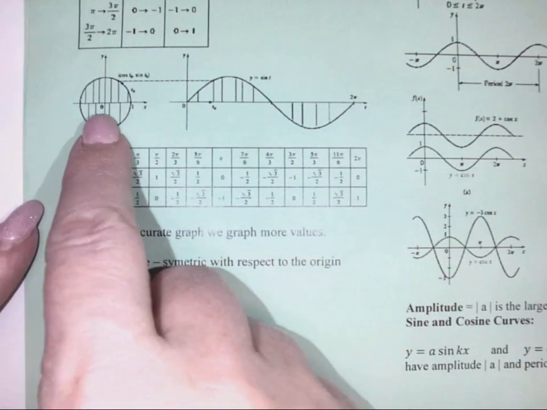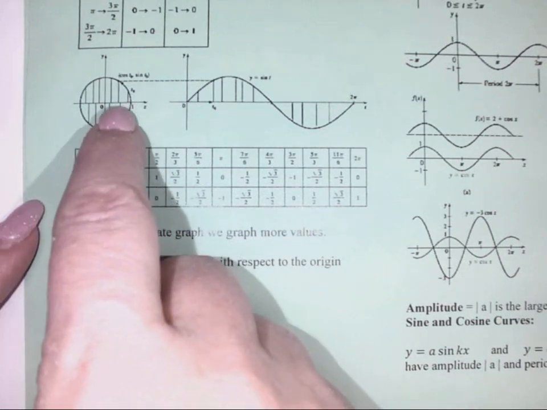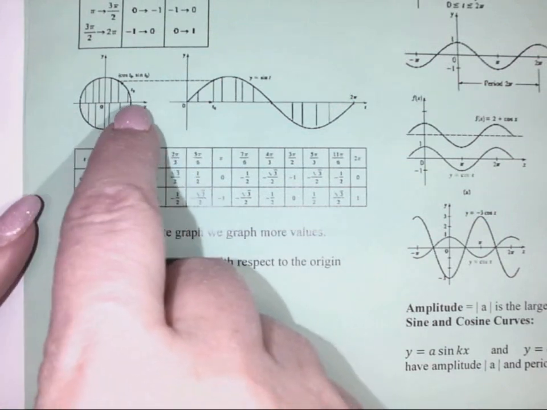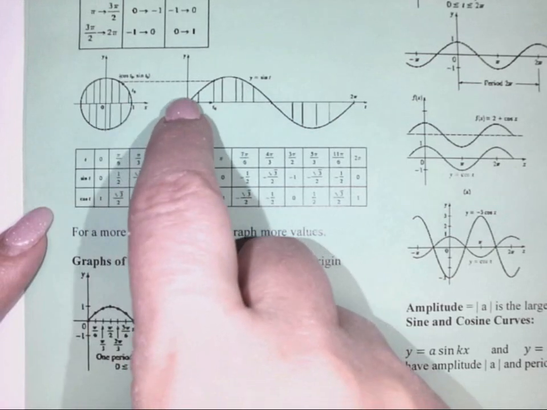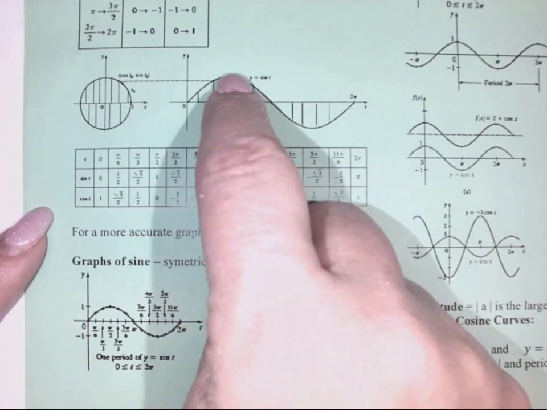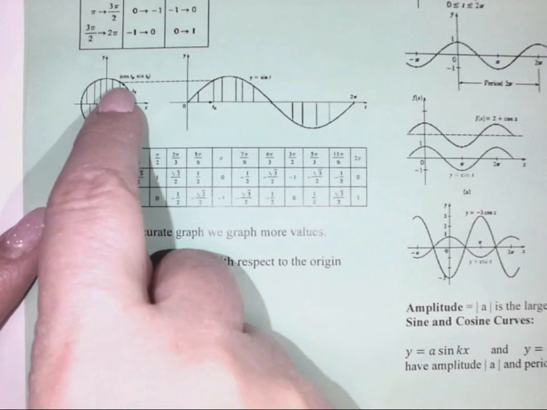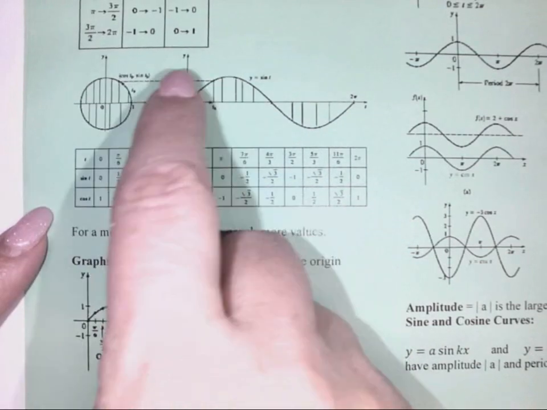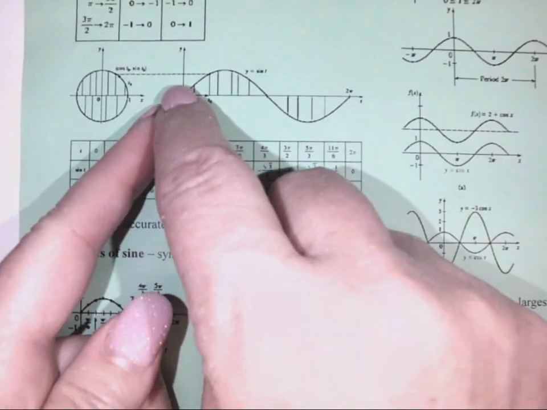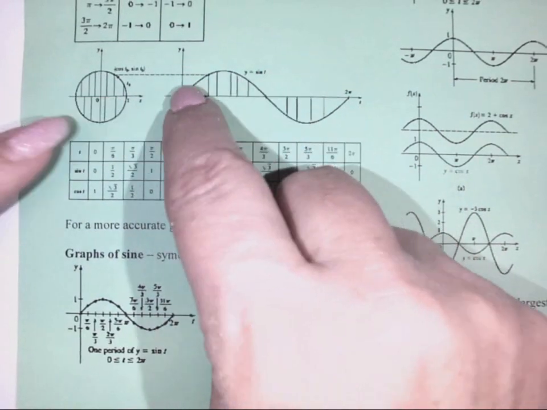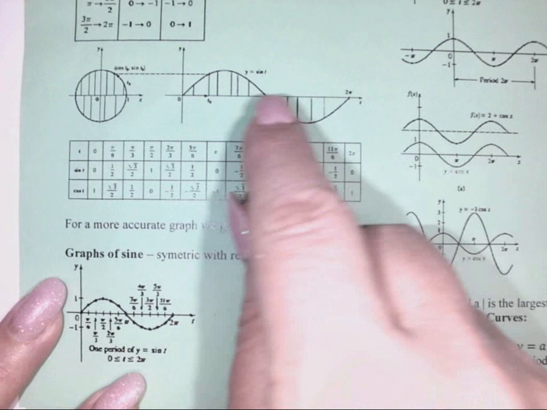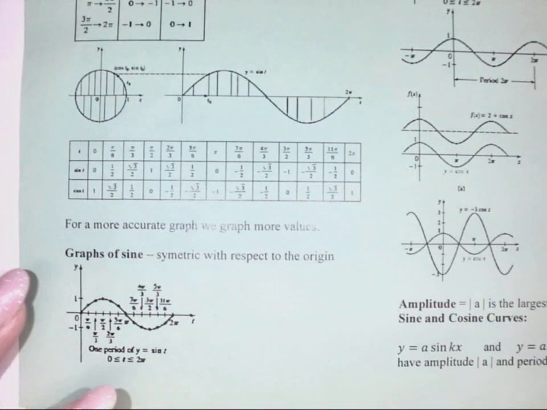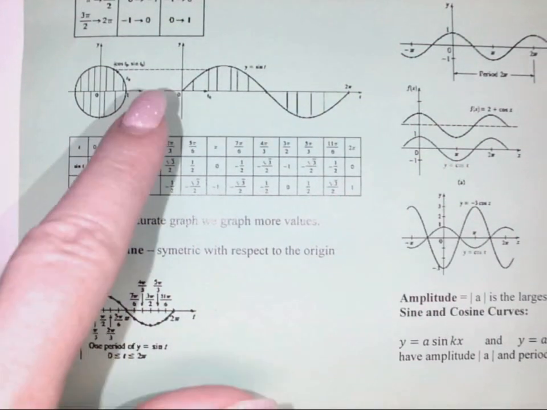So this is at 0, and this point up here is that point right there. The top half of our circle is graphed here, and the bottom half then goes there. And that's what it looks like for our sine graph from 0 to 2 pi.